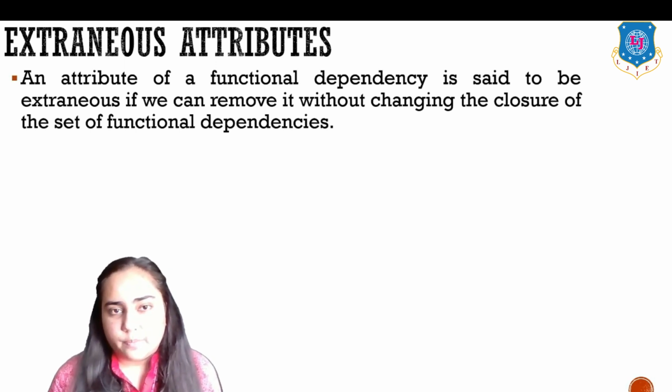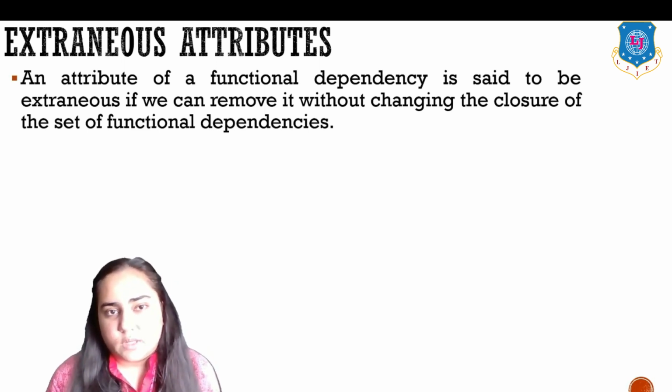And also, I can remove something from the right side, for example D, if by removing that, the closure of the functional dependencies does not change. And you will come to know what the closure of a set of functional dependencies is when we do a small example for finding extraneous attributes and removing them.